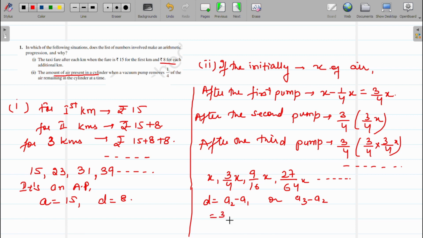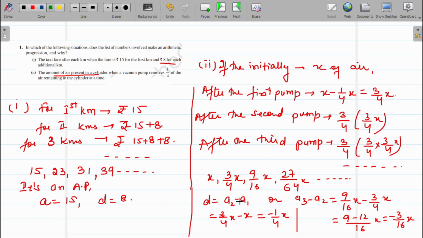So 3/4 X minus X will give you minus 1/4 X. And here we have 9/16 X minus 3/4 X, so that will give you (9 minus 12)/16 X, which is minus 3/16 X. So clearly we do not have A2 minus A1 equal to A3 minus A2.